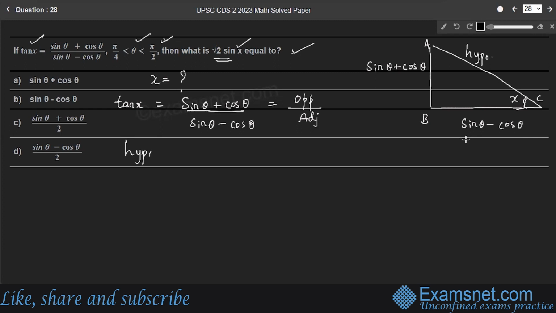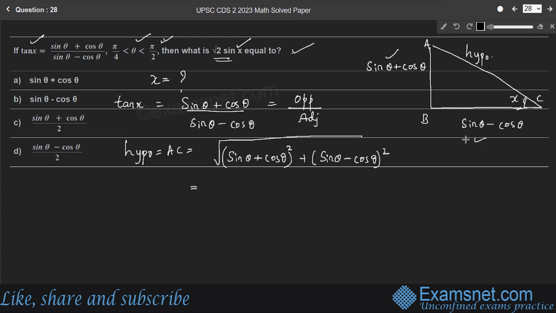Hypotenuse AC, by Pythagoras theorem, is the square root of the sum of the squares of the remaining two sides: sine theta plus cos theta the whole square plus sine theta minus cos theta the whole square.